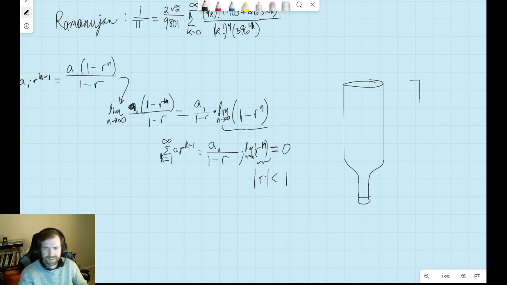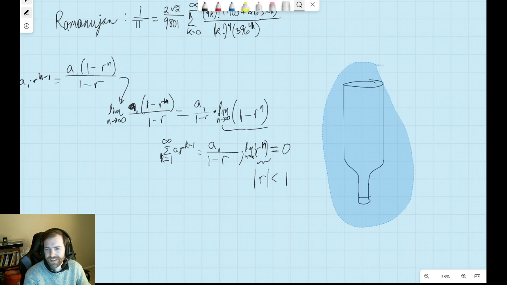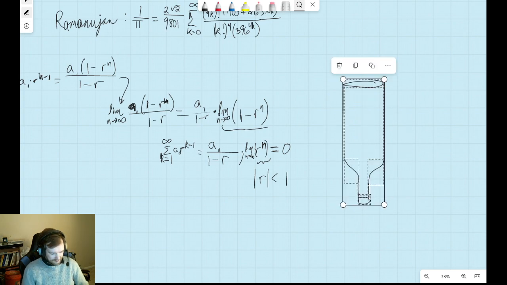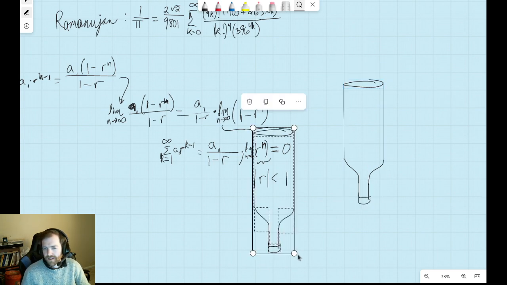Wait. Don't. Literally just copy paste this thing. You can definitely rotate this. No, I don't remember how.